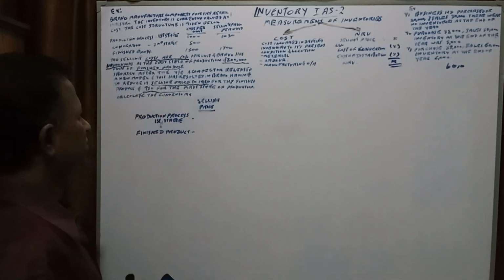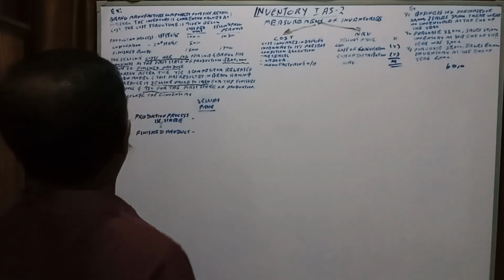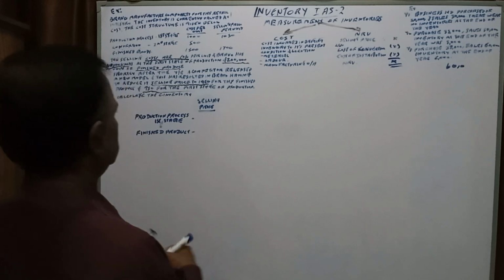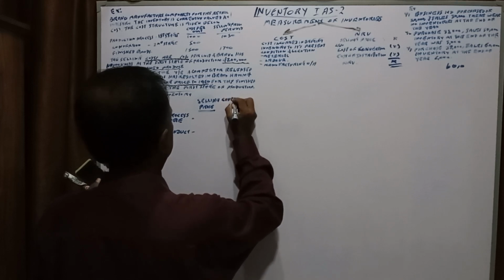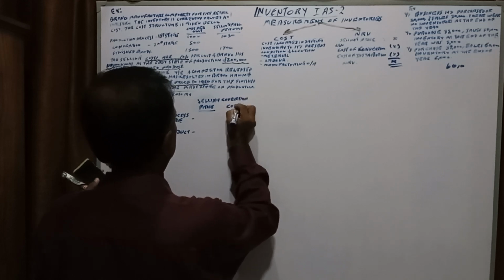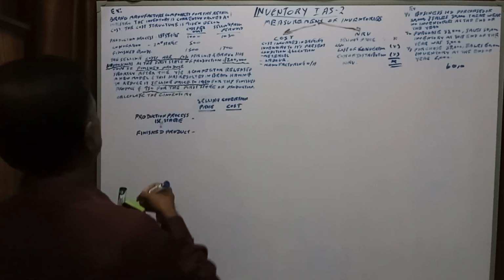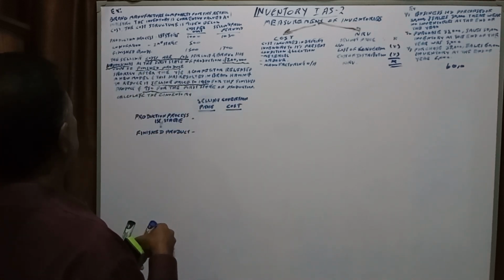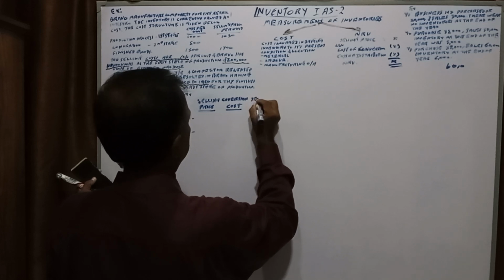From the selling price, what are the costs you have to deduct? Conversion cost, and selling and distribution, that is selling cost.